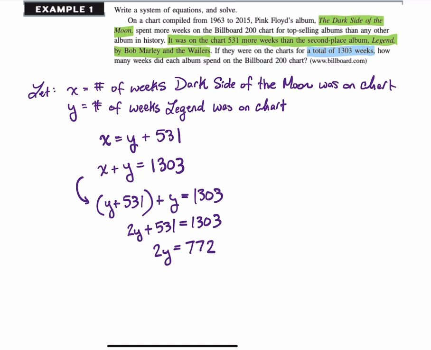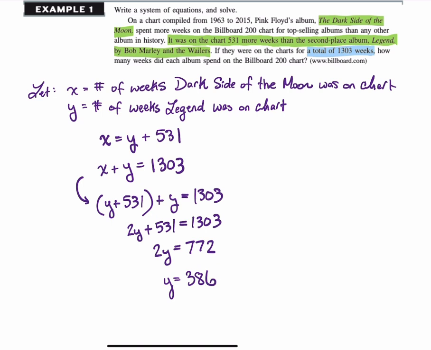Then divide both sides by 2. Let me just double check that previous subtraction. 1,303 minus 531. Yeah, 772. Then divide that by 2. 772 divided by 2 should give us 386.